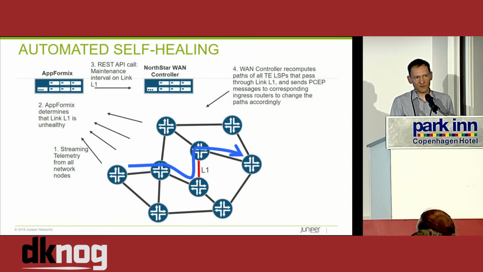Now, there are health monitoring systems, for example, HealthBot that Kriti mentioned this morning, and Appformix, both of those from us, which are good at detecting these types of grey failures.